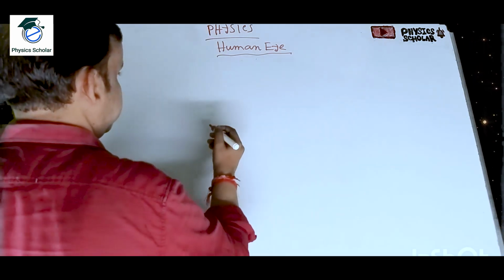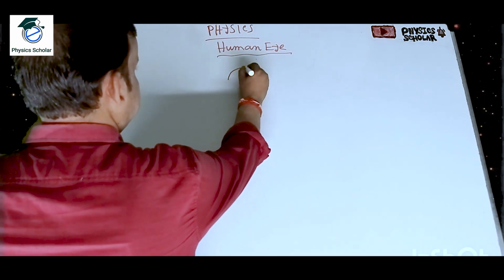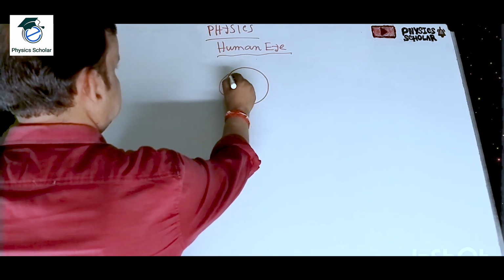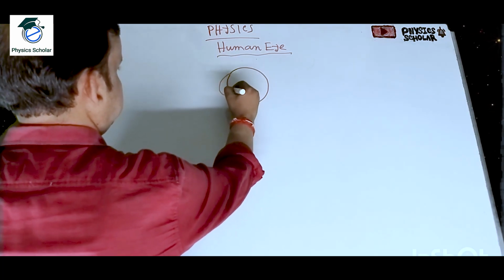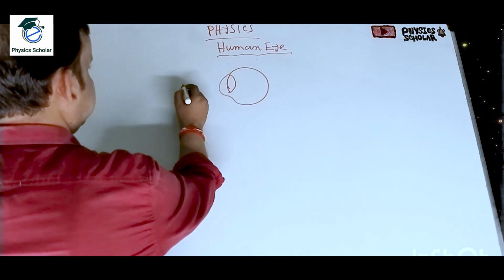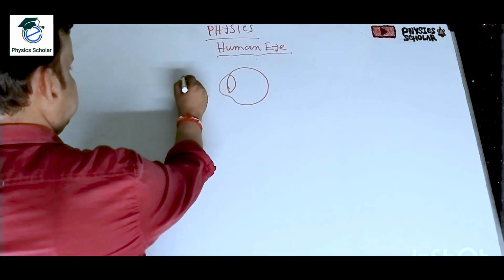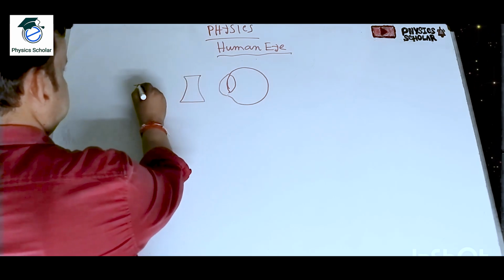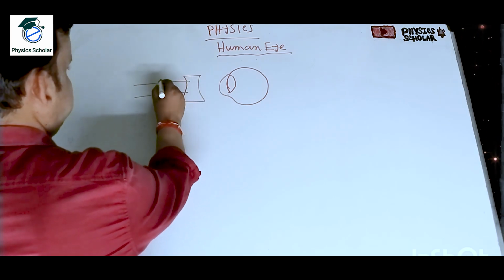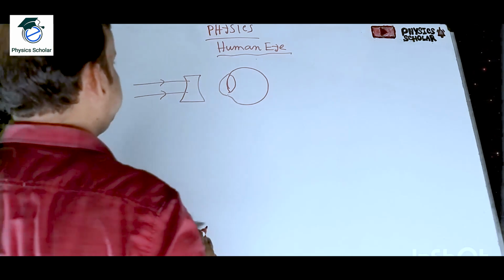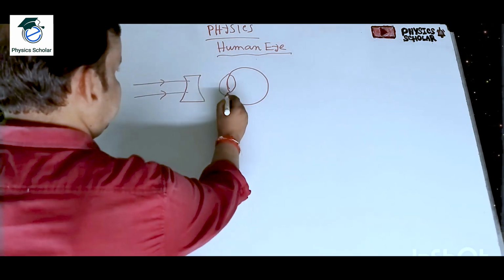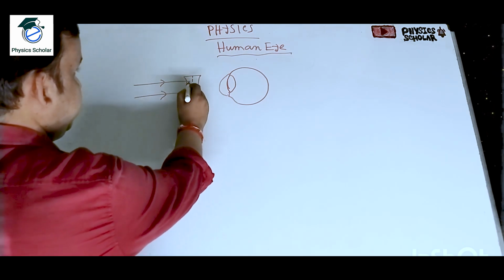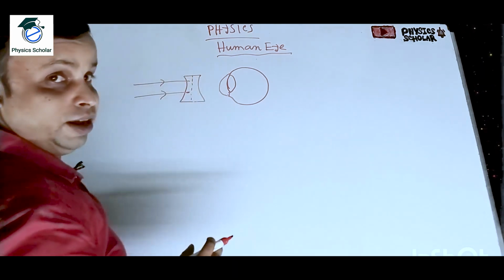So see, this is the normal defective eye lens, clear? So now see, if we are using the concave lens as per the calculation or specification, if we can use the proper specified concave lens, we have to adjust the power, clear?